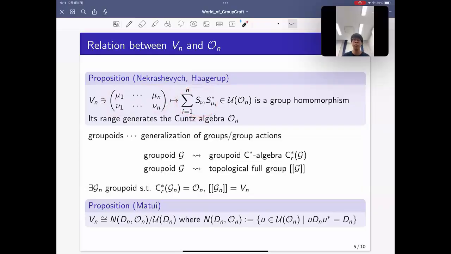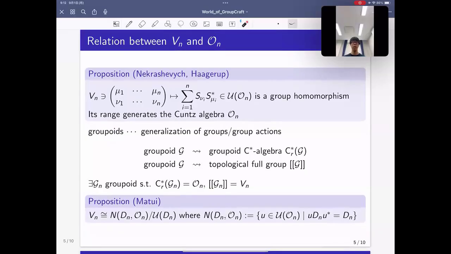This is a group homomorphism from Vn to the unitary elements of the Cuntz algebra. Later, I'll show that the range of this group homomorphism generates the Cuntz algebra, meaning that the smallest C*-subalgebra containing the range of this homomorphism is the whole Cuntz algebra. This means that this group homomorphism is kind of surjective.